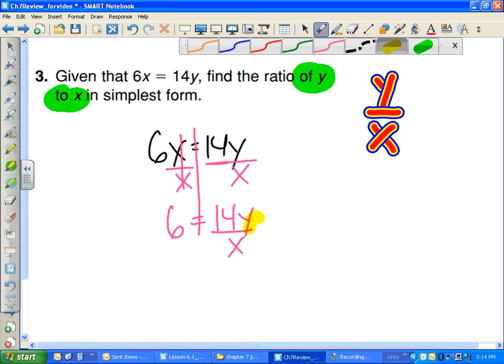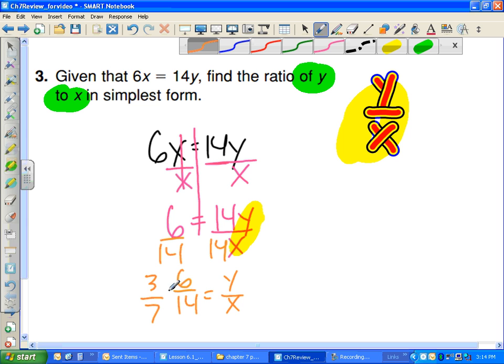It almost looks like what I wanted up here. Almost. I just got to get rid of this 14. How do you get rid of this 14 here? Well, divide by 14, divide by 14. And there's your answer. 6 over 14 equals y over x. This is an answer. You could reduce this over here. This would be divided by 2, so it'd be 3 over 7. So this would actually be your answer.